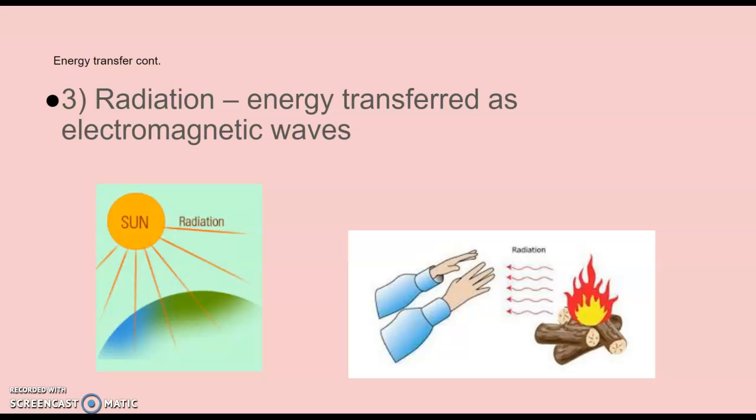This is where we're talking about electromagnetic waves. Now, eventually we'll talk about these electromagnetic waves, but for right now, examples of this are going to be sunlight, visible light, fire, right? They're not really touching, but it's transferring energy through these waves, okay?